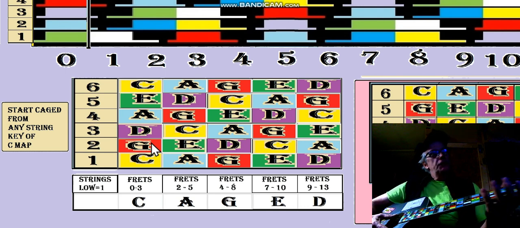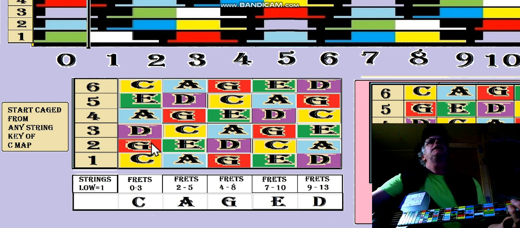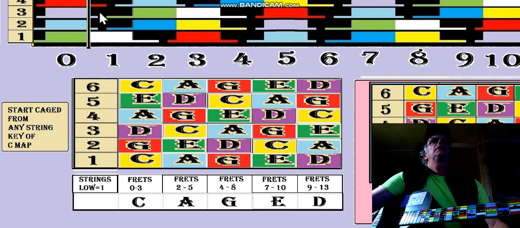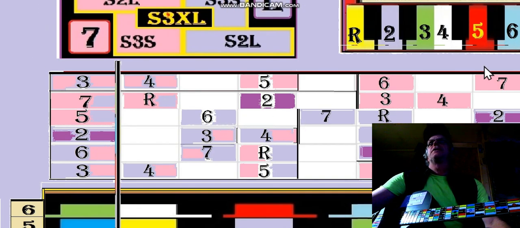Okay, third string, then we have the D and the E note. We can practically look at it up here. The third string is the D and the E note. Do you see how the D and the E note are here?